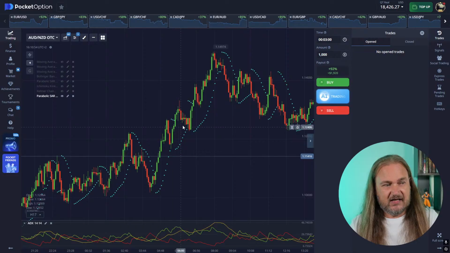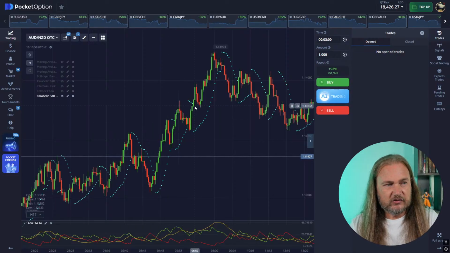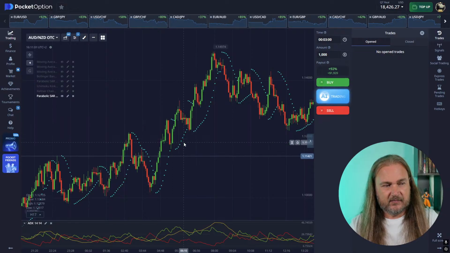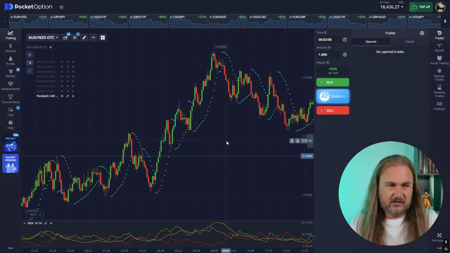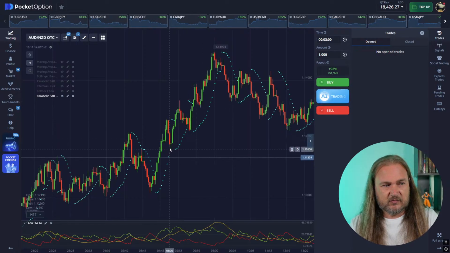So if you did enter here on a buy for Forex, your stop loss would have been there roughly. We would have had a pullback, and then another push, another possible area for an entry, and then we would have moved our stop losses from here to here.